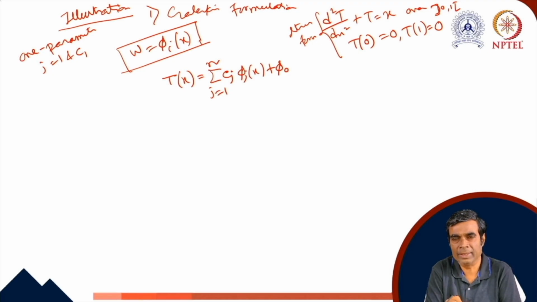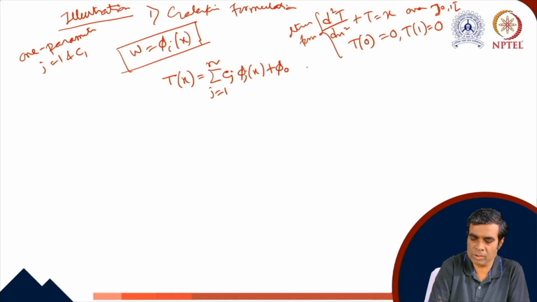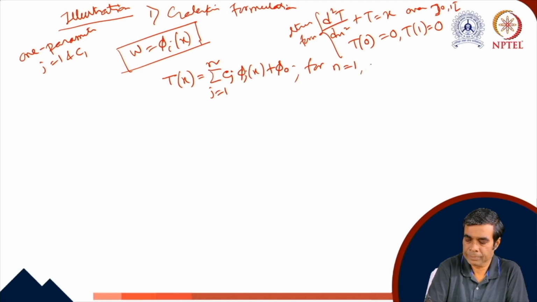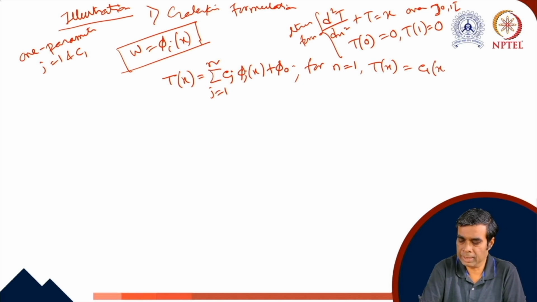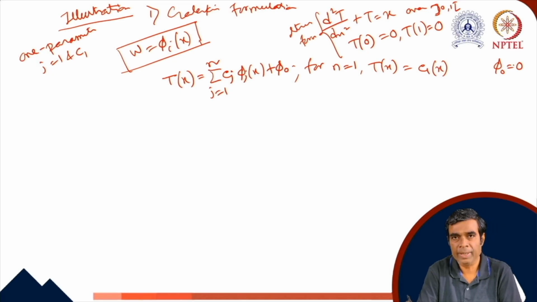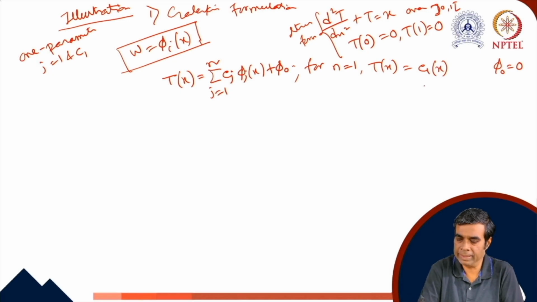This I emphasize: it has to satisfy the essential boundary condition, and it has to satisfy the natural boundary conditions also. For n equals 1, T(x) equals C1 φ1(x), and we have already shown that φ0 equals 0 for this problem in order to satisfy the essential boundary conditions.